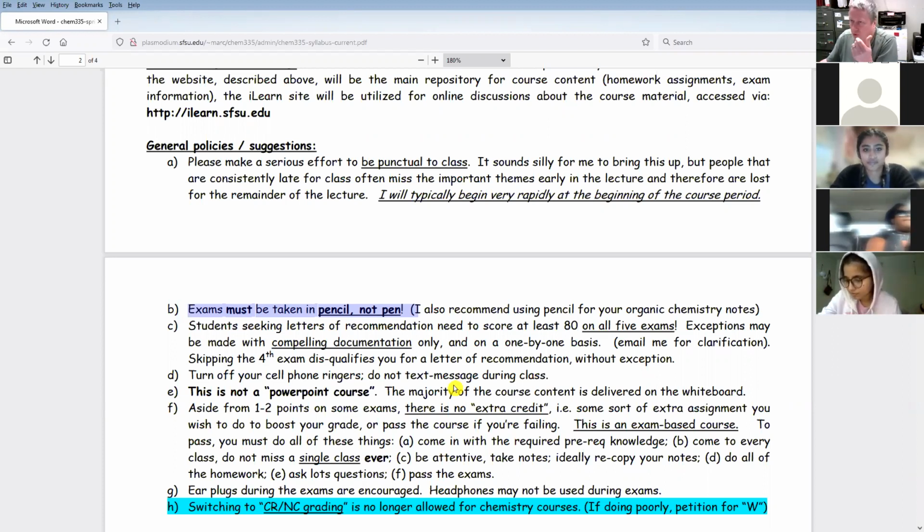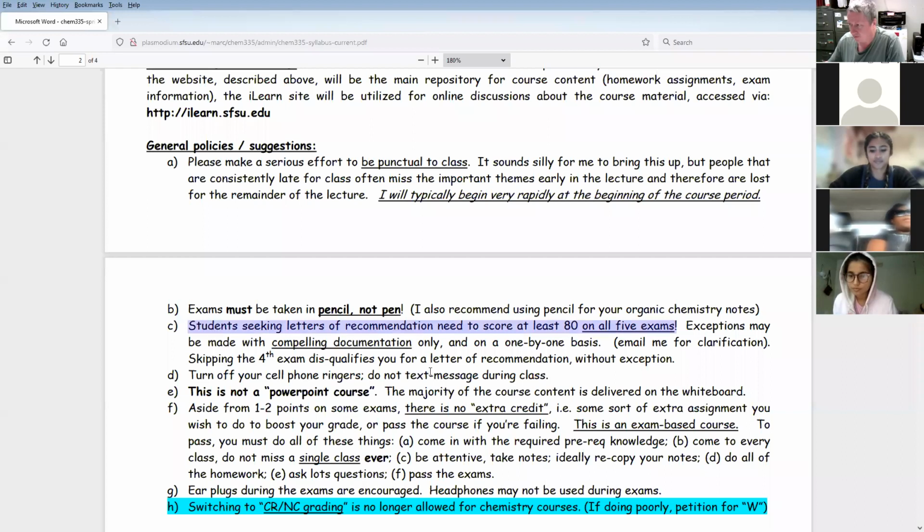Some stuff's PowerPoint and you're not going to be doing that, right? In a PowerPoint course, you might take little notes, but you're not writing everything I'm doing. Well, you should integrate the PowerPoint notes into your notes, and then you can review that, right? Anything I teach you from PowerPoint is fair game for the exams, so you do have to study it and look at it again, all right?